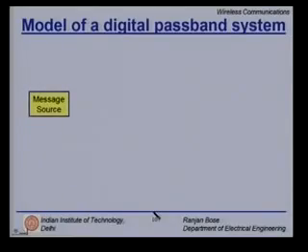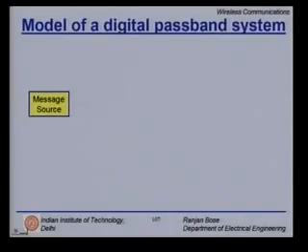Now let's briefly revisit a model of a digital passband system. We always start with a message source. It could be a voice digitized, or it could be an image or video or fax, and we denote it by MI.